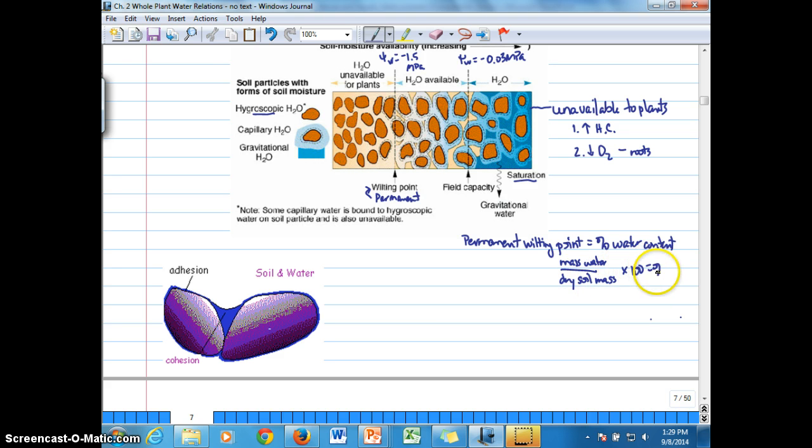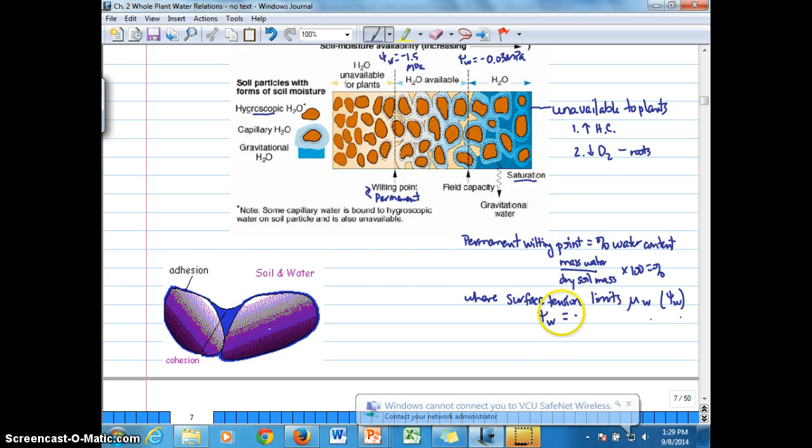So it's a percentage, but it's that percentage of water content where surface tension limits the chemical potential of water, or limits water potential. And so that occurs at the water potential, again, negative 1.5 megapascals.